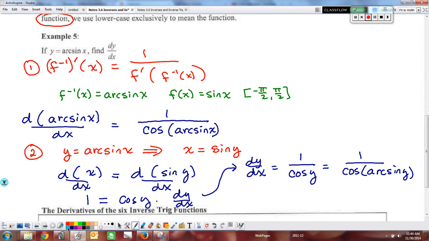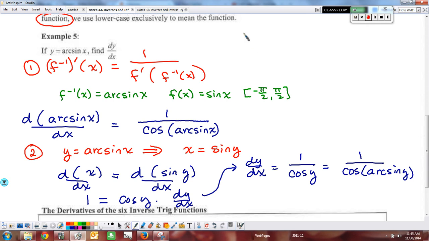Now we need to do some simplifying. These functions will simplify because this goes back to trig, and you can simplify the cosine of the angle whose sine is x.